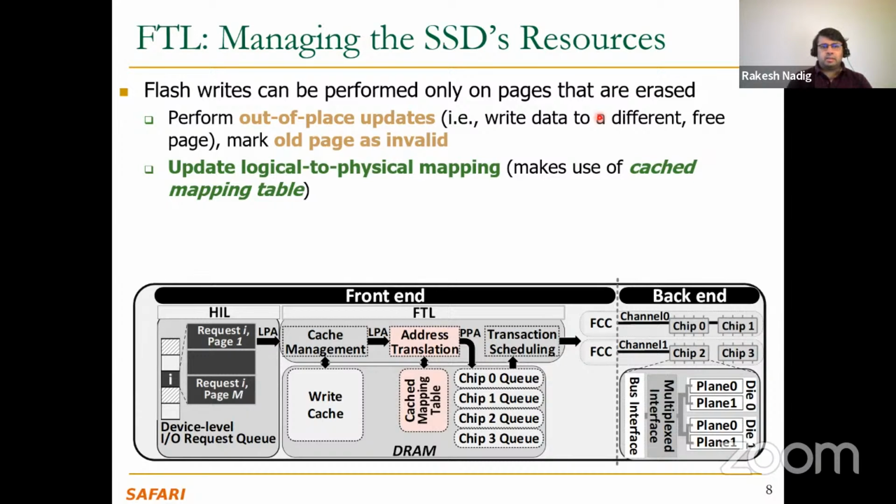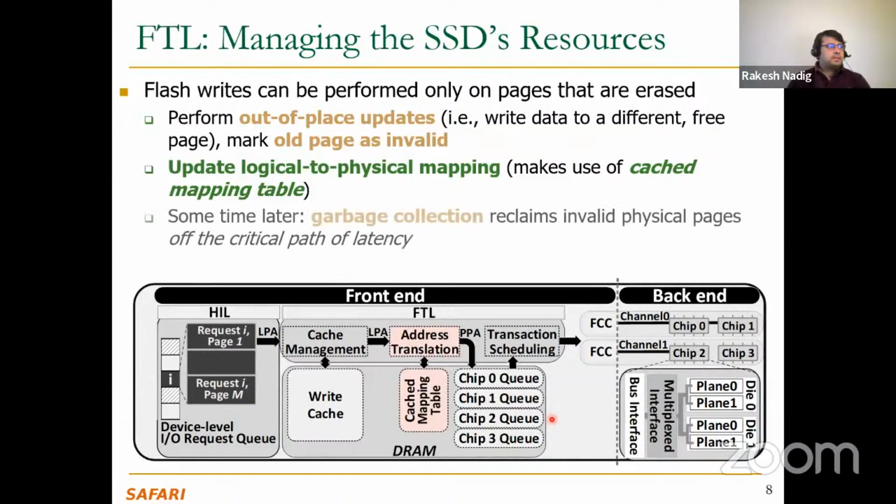To improve the performance, there is also a cached mapping table, which means that there is DRAM space within the SSD where this mapping table is partially stored to improve the lookup of the mapping table entries. So this is about the mapping table.